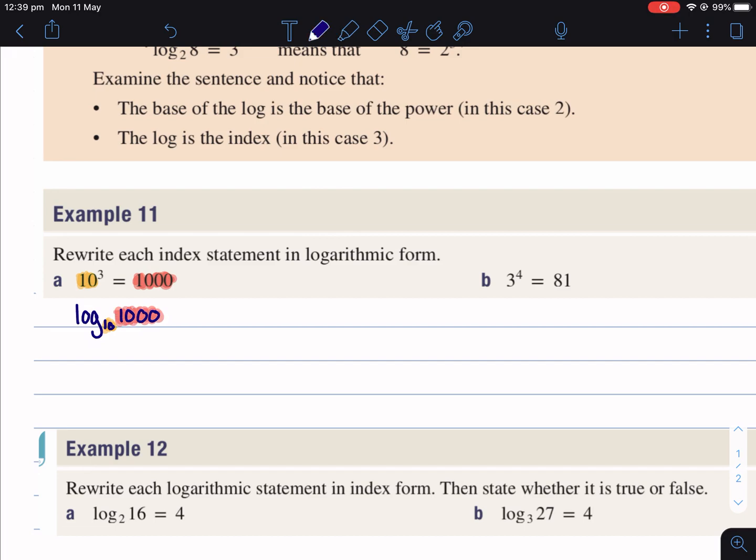Log is short for logarithm, by the way, equals 3. So if we were writing 3 to the 4 equals 81, we didn't know what that 4 equals, or we wanted to do something with that 4, we would write log, the 3 is the base, 81 is what we would have ended up with, and we want to find the power it was raised to.